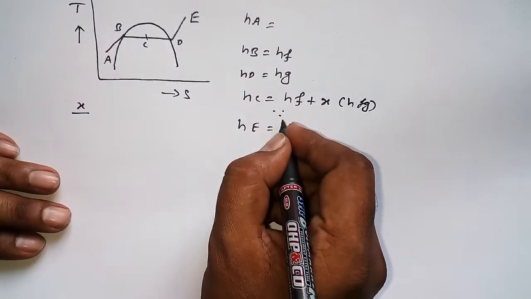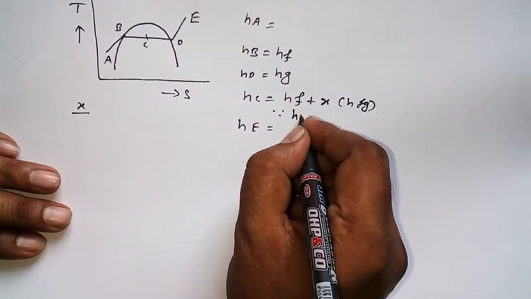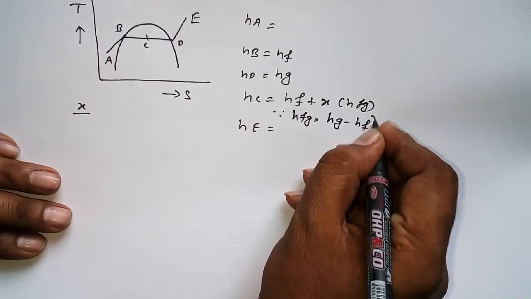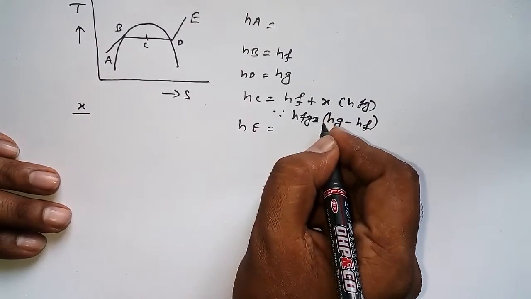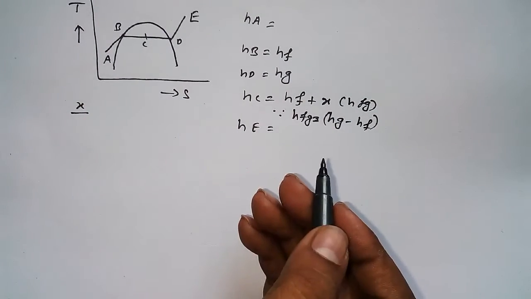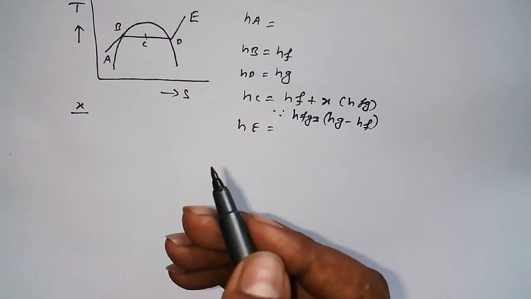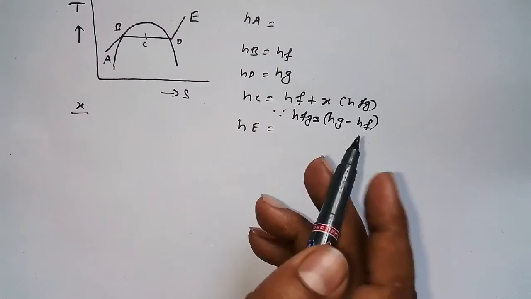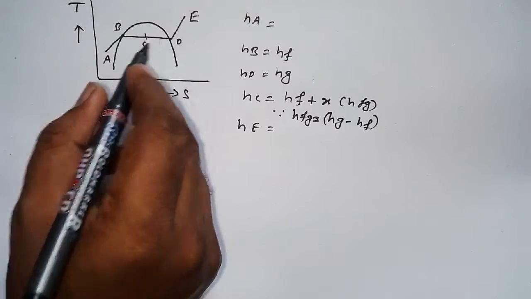Here the point to be noted, my dear, is that HFG is equal to Hg minus HF, because enthalpy at gas condition is more than enthalpy at liquid condition of the matter.